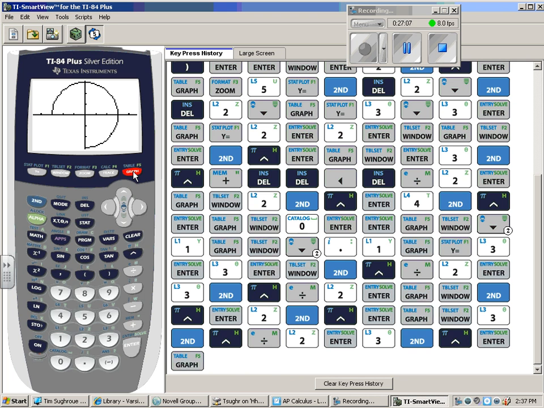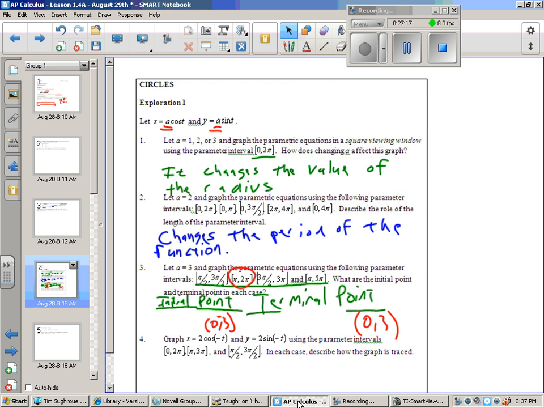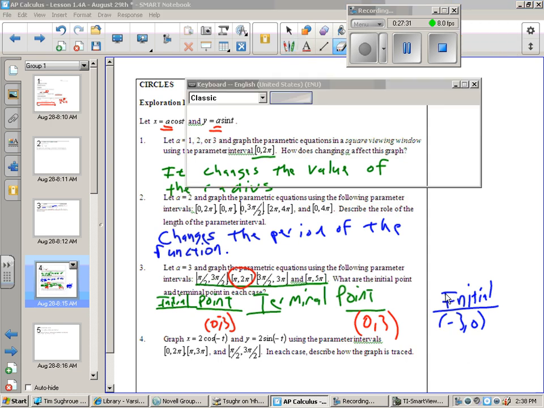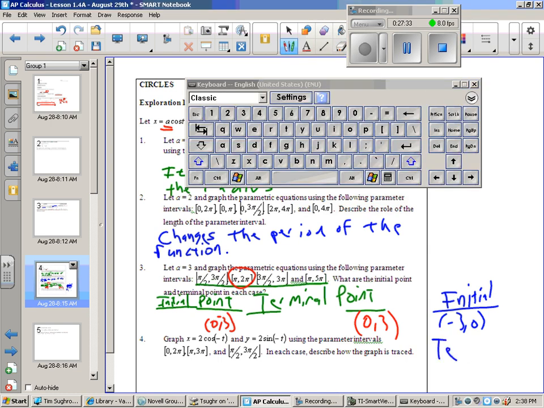It starts at (-3, 0) and goes to (0, -3). So initial point on this one was (-3, 0). Terminal point was (0, -3). That's this one. This is the blue interval.